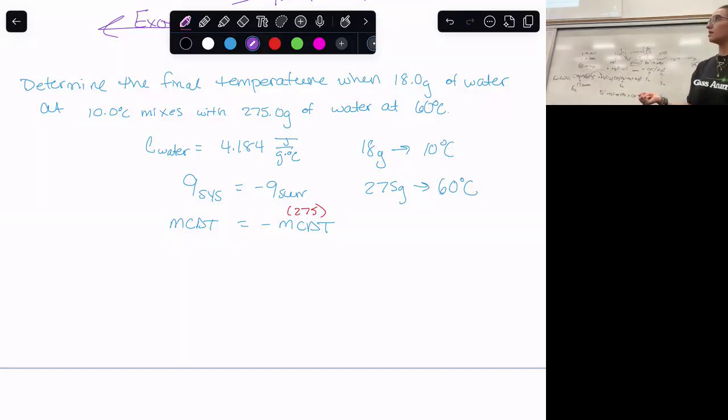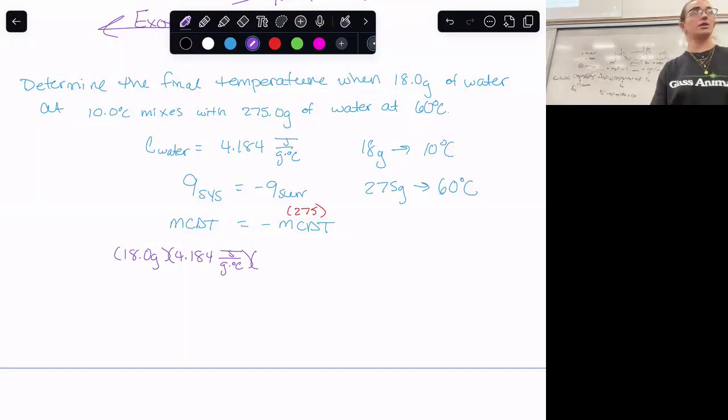So if we were to plug in what we're given into our equation, we know that our mass is 18 grams and we have our specific heat. How do we write delta T? Final minus initial or initial minus final? Final minus initial. Do we know what our T final is? Nope.